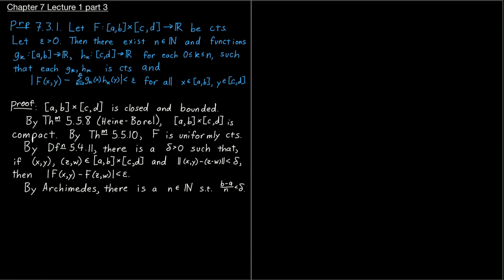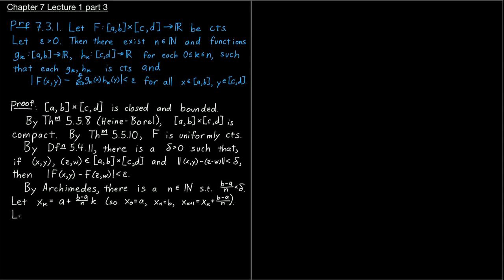I'm going to let xk be a plus b minus a over n times k. So x naught is a, xn is b, xk plus 1 is xk, and then you add this number, b minus a over n, which is positive but less than delta.